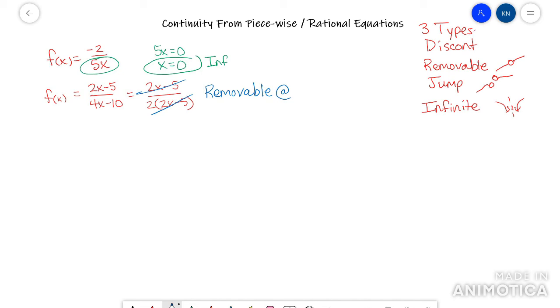And to know where that hole is, again, take whatever you canceled, 2x minus 5, and set it equal to 0 and solve it. So I would have a removable at x equals 5/2 for this problem. So if it cancels, it's a hole, it's removable. If it does not cancel, it's an infinite discontinuity, it's an asymptote. I'll show you one more.